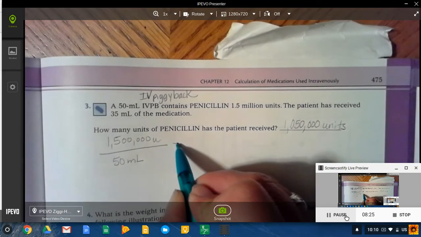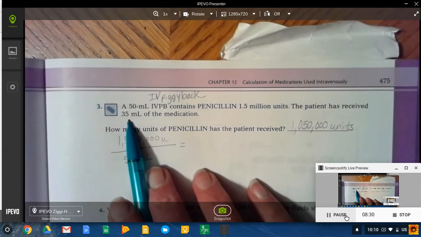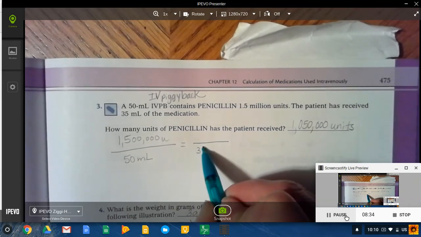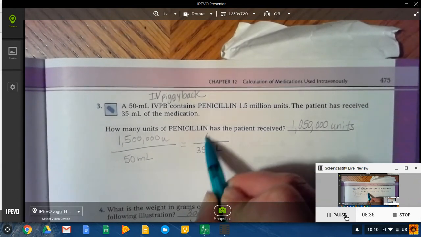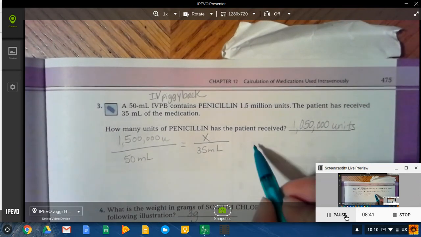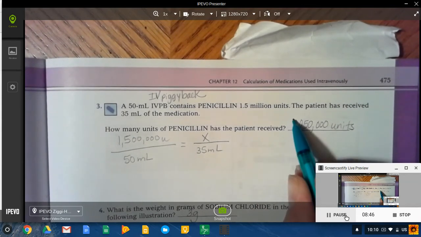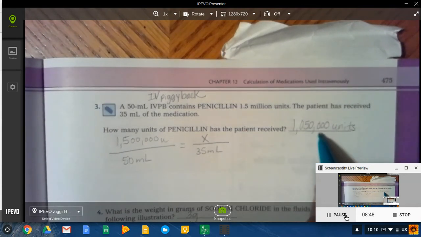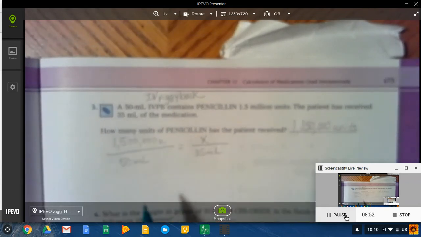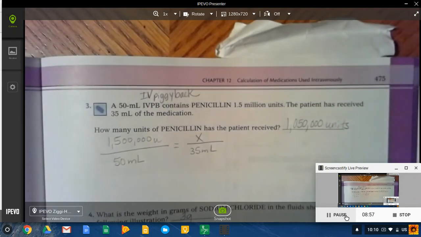But the patient has gotten 35 milliliters of the medication. So how much has he received? How much is in 35 milliliters? You do the cross multiplication, and you get 1,050,000 units is how much they have gotten with 35 milliliters of the medication. Sorry for the blurriness. There we go.